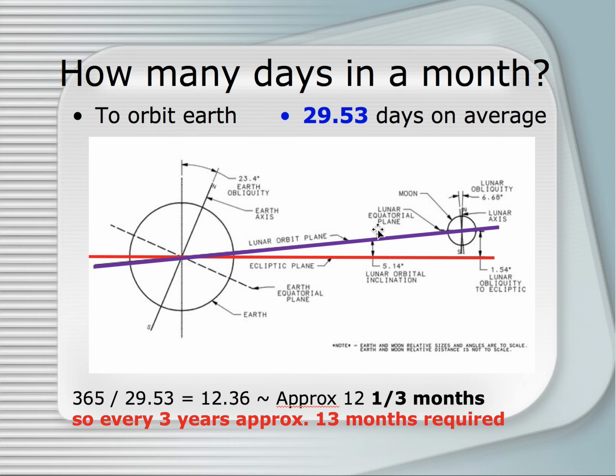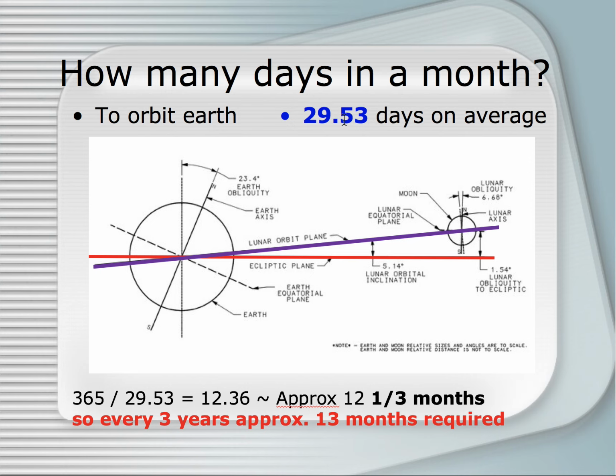So the moon orbits through the equator, but at a different angle to the elliptical orbit of the Earth around the Sun. And as a consequence, it's not exactly 29.53, it's 29.5 and various subdivisions as the Earth orbits the Sun and the Moon orbits the Earth.